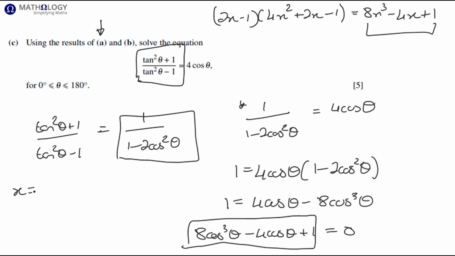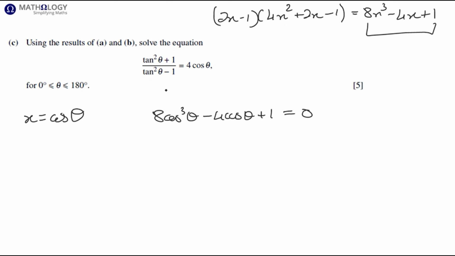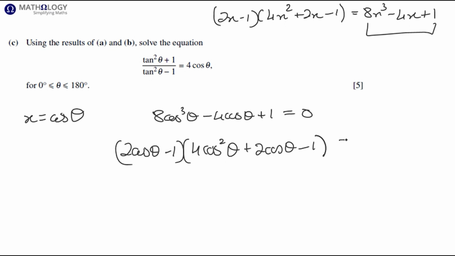When you compare the two, x is clearly cos theta. Therefore, 8 cos cubed theta minus 4 cos theta plus 1 we can express as (2 cos theta minus 1) times (4 cos squared theta plus 2 cos theta minus 1) equals 0.